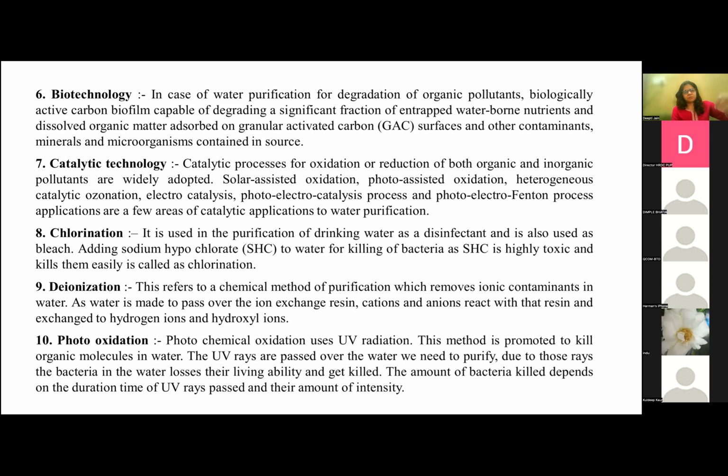So in many cases we use fitkari, alum, to purify water. We just rotate a piece of alum in the container in which we store our water. But it is not a quantitative technique.